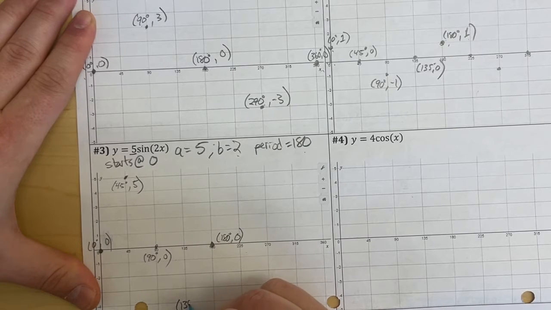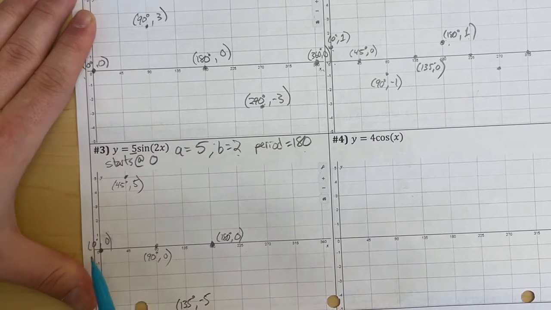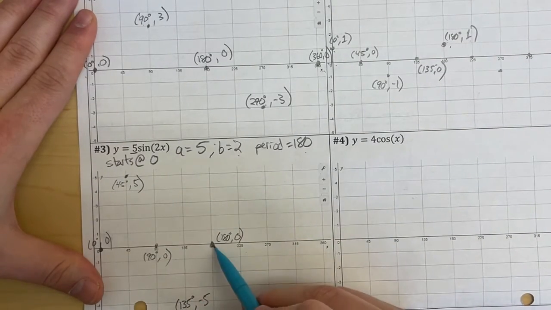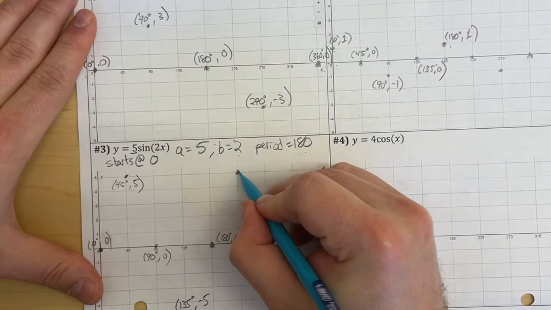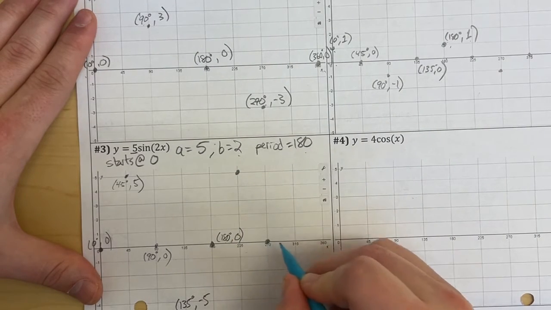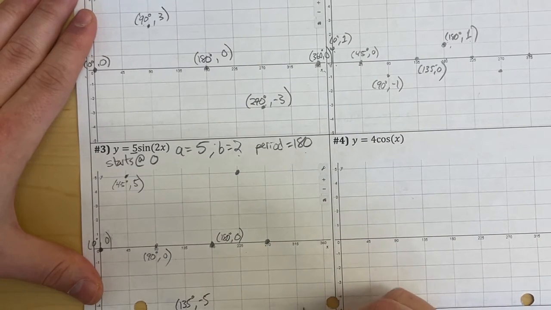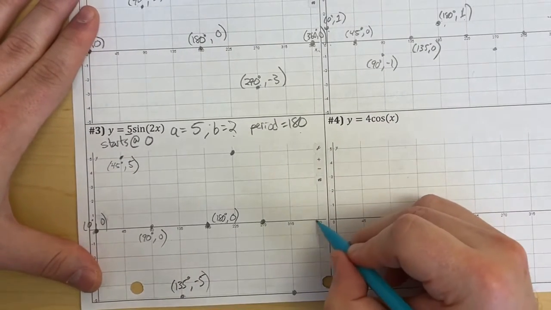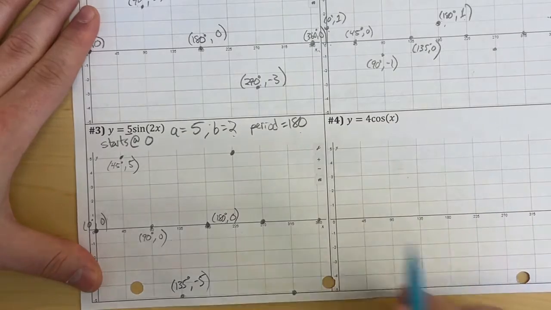So notice how I go up to 5, down to -5, and end at 0. I should be able to repeat this process. So I have 225 at 5, 270 is 0, 315 is -5, and 360 is 0 again. Notice I have those 2 peaks, so it matches up.